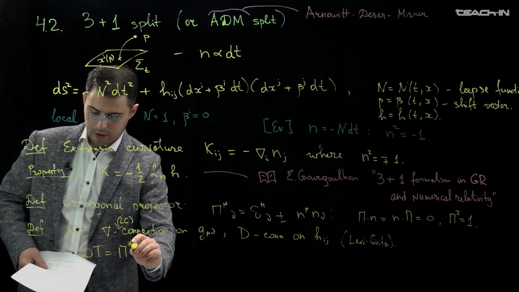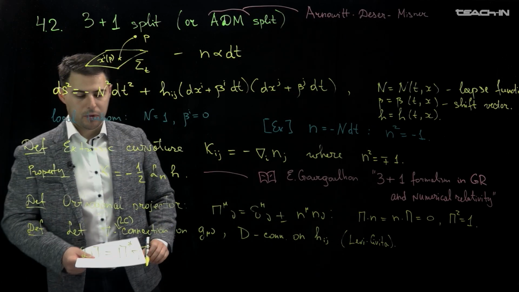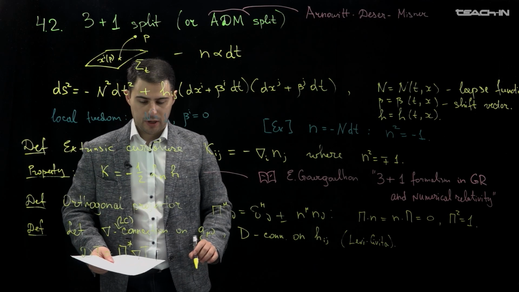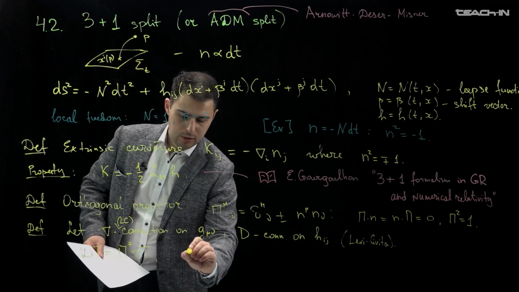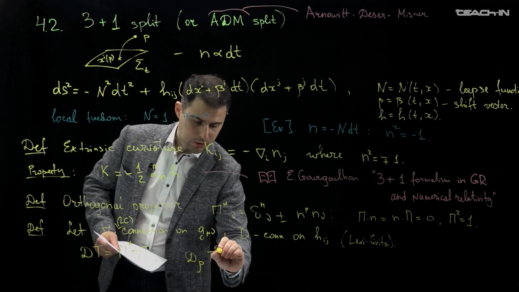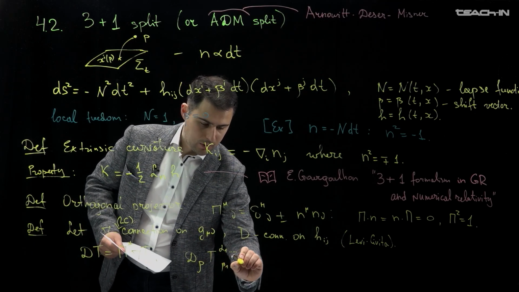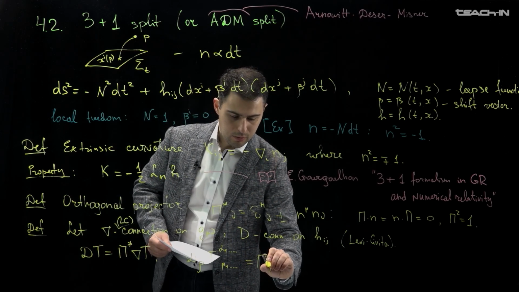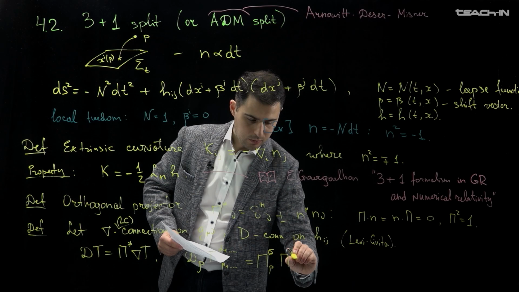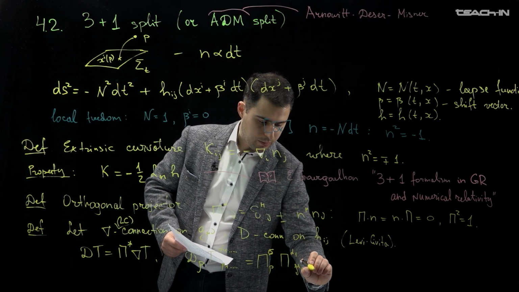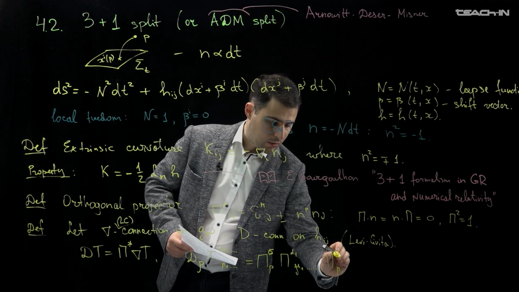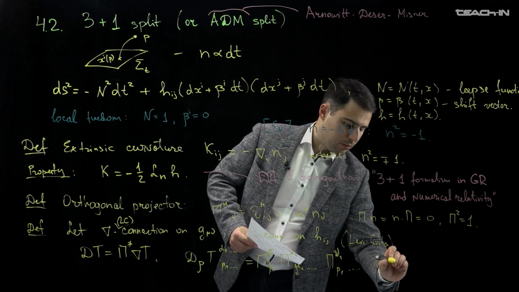I'll schematically write it in this form, where by the pullback P star we mean that in indices, D_rho T_alpha1 beta1 equals P_rho sigma P_alpha1 mu1 P_beta1 nu1 times the covariant derivative nabla_sigma T_mu1 nu1.